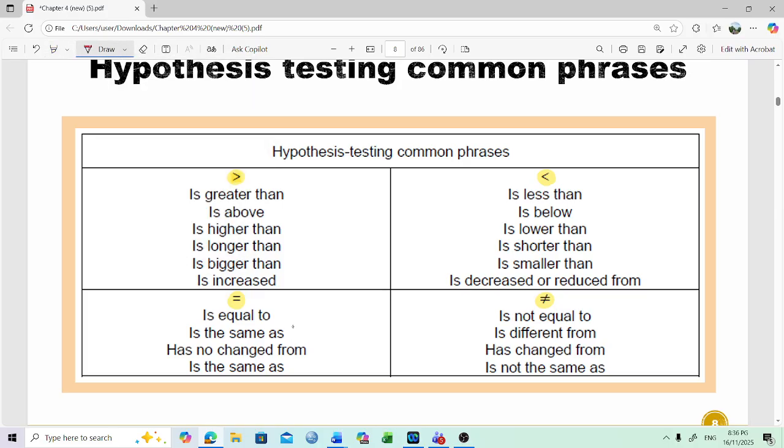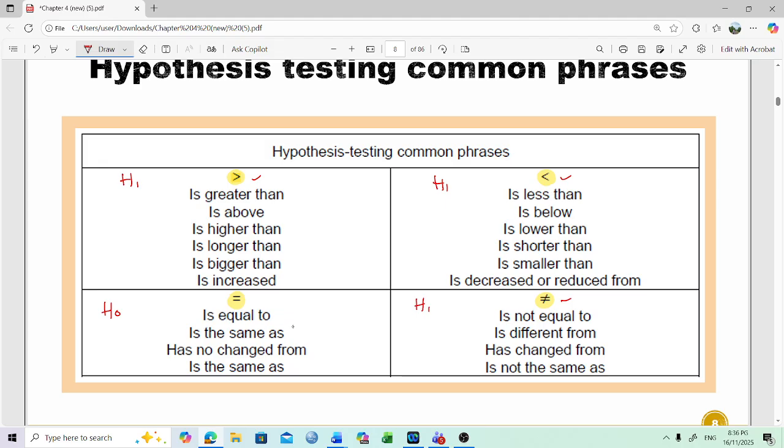The equal symbol we often write for the null hypothesis. Meanwhile, the other symbols are for the alternative hypothesis. These are the keywords used when you want to use the greater than symbol, the less than symbol or the unequal symbol.